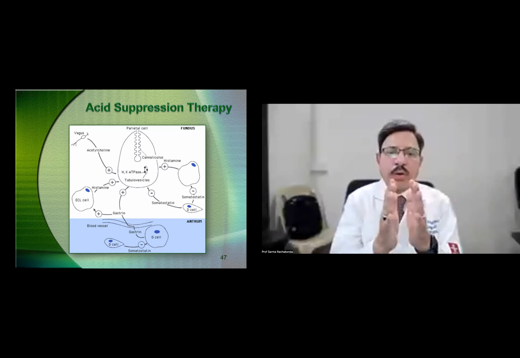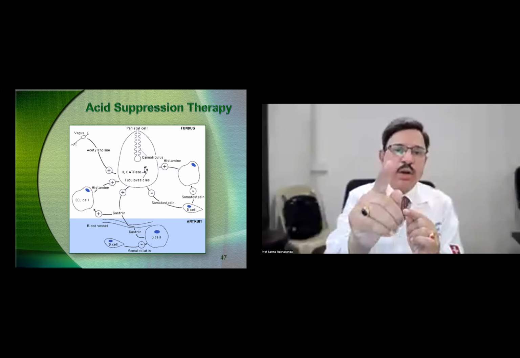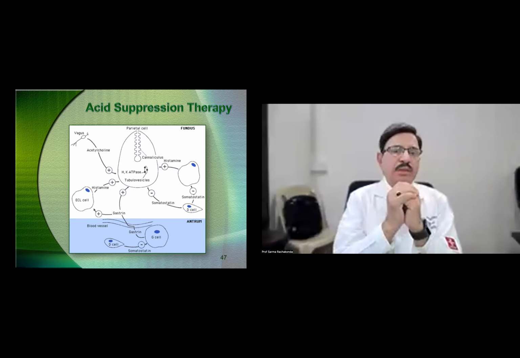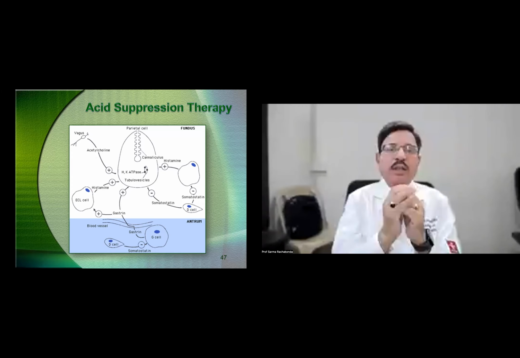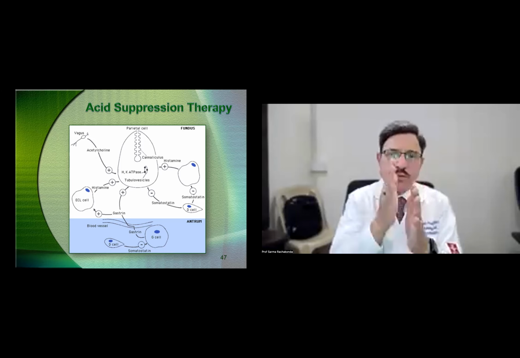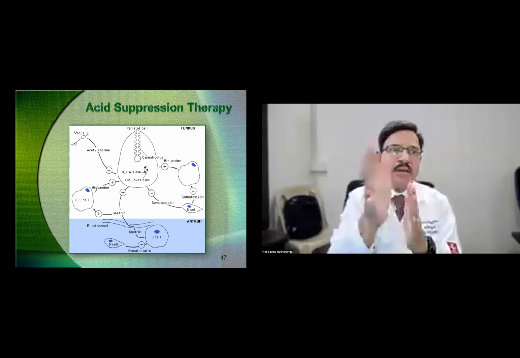For all these things, the final common pathway is secretion of hydrogen ions into the canaliculus. There is an enzyme called H+/K+ ATPase. This H+/K+ ATPase enzyme exchanges potassium for hydrogen and puts the hydrogen into the canaliculus. The acid is increased.